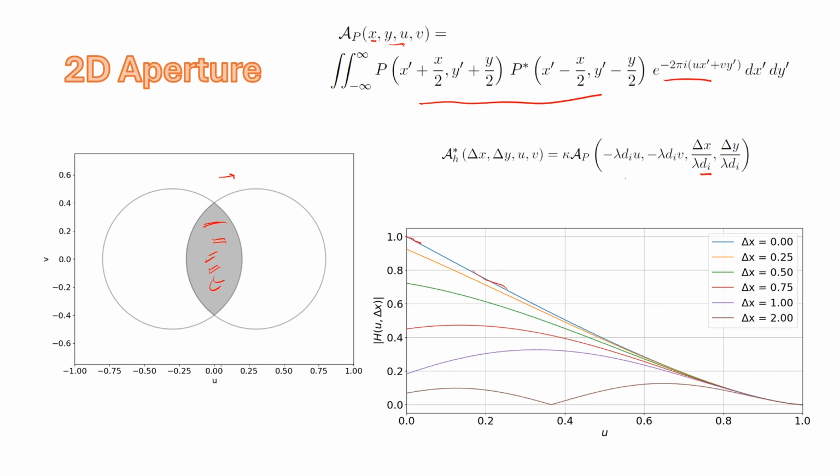And then as we increase delta x, we find something very similar to the kind of ambiguity function we had for the one-dimensional aperture, that we start to see oscillations along the spatial frequency axis, and the overall transfer function drops, although it drops much more rapidly at low frequencies than it does at high frequencies. So we have an increased relative response at high frequencies relative to low frequencies as a function of delta x.